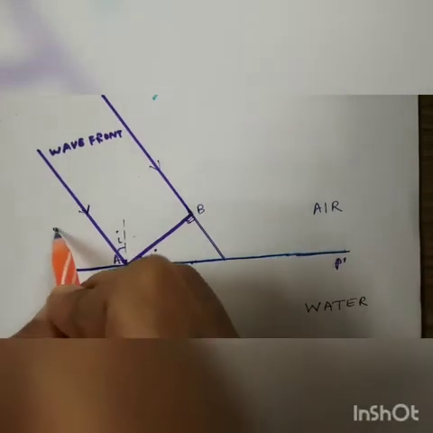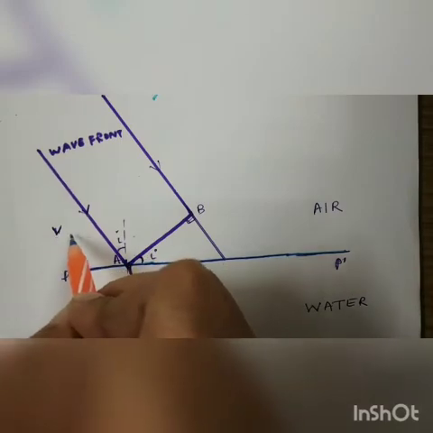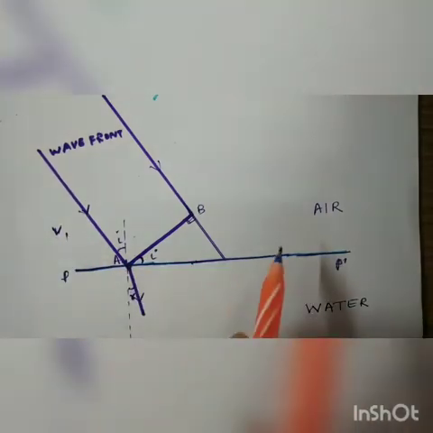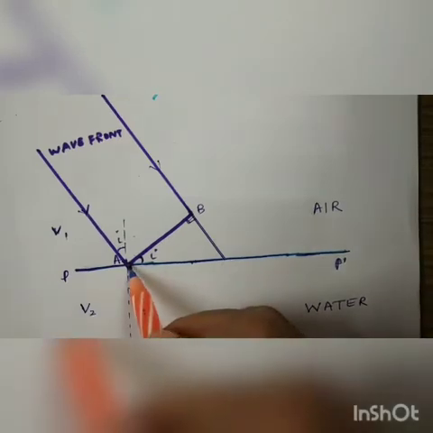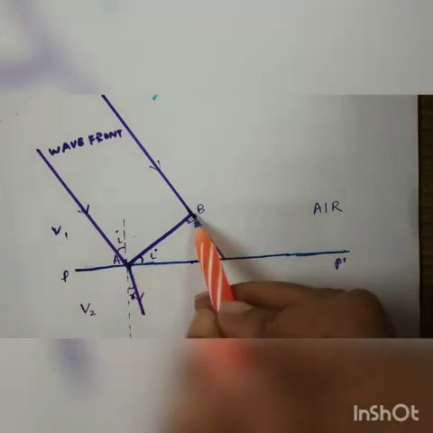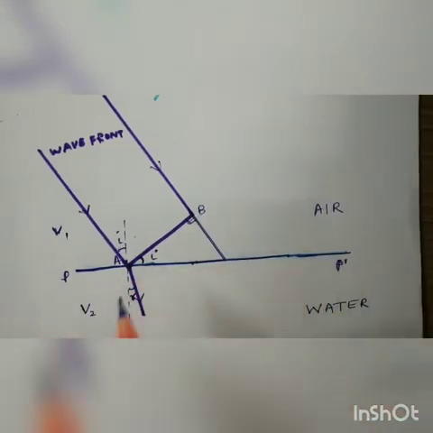Let V1 be the speed of light in the first medium, air, and V2 be the speed of light in the second medium, the denser medium. You can see that the light wave has reached the point A, but the other side of the wavefront, B, has not reached the surface of separation PP dash.